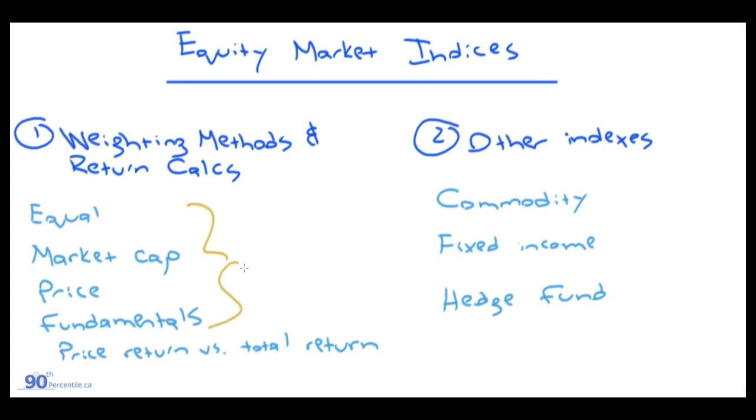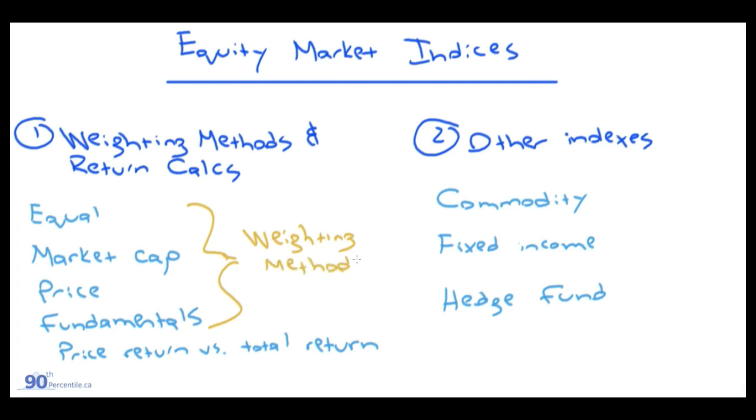Four main methods are up here: they can either be equal weighted across all stocks, market cap weighted, price weighted, or weighted based on fundamentals. The fundamentals would be related to some metric that the index creator decides. Either way, these are all options and represent the weighting methods.